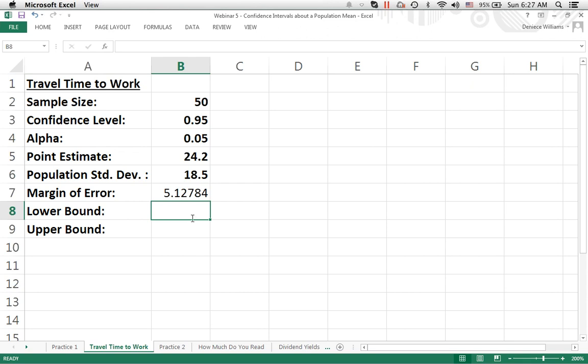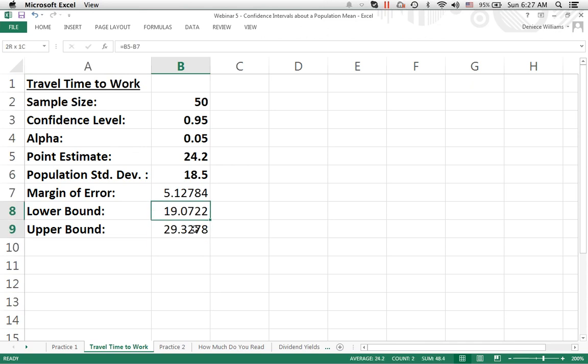My lower bound is equal to the point estimate minus my margin of error. My upper bound is equal to my point estimate plus my margin of error.